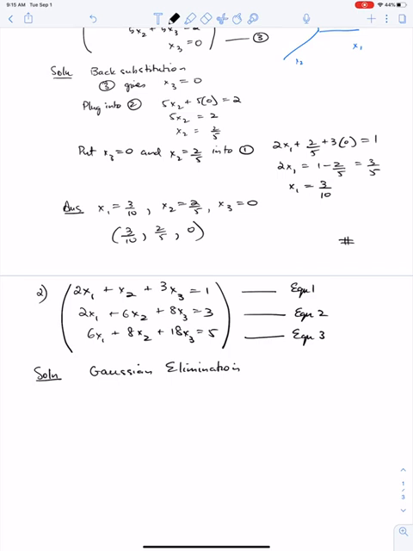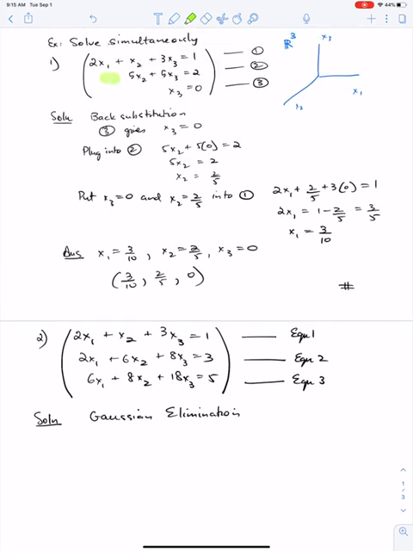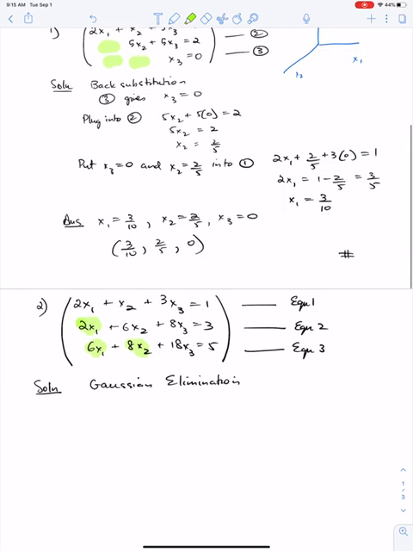So what we'll do is we will make this look like the previous one. The previous one had no term there, and there. And that made it easy. That's why we could finish it off with back substitution. And we'll do the same thing here. We're going to get rid of this, this, and this. And we're going to get rid of it in a way that maintains the equivalence of the system.